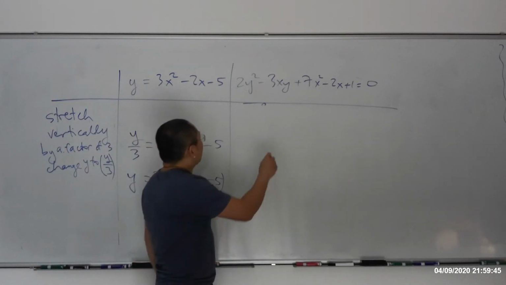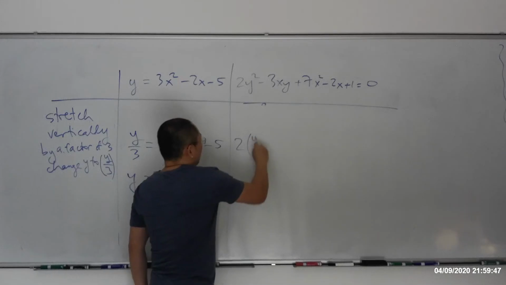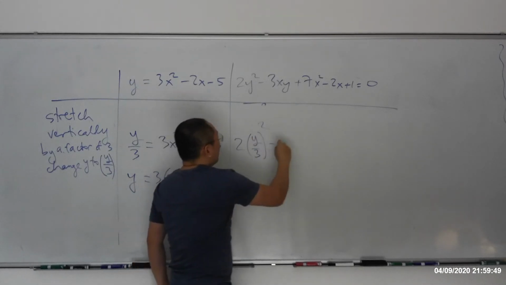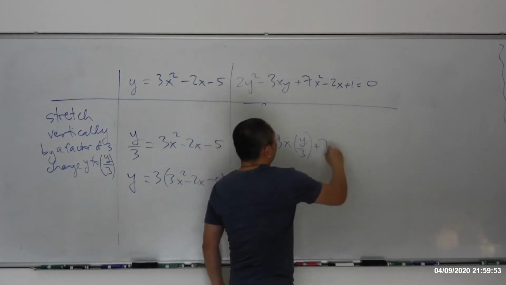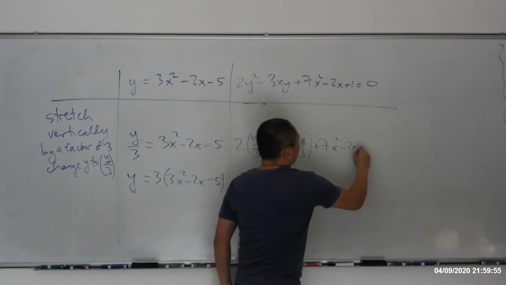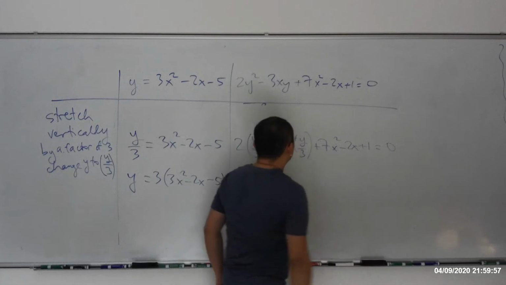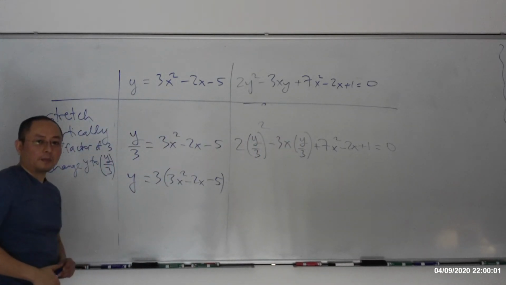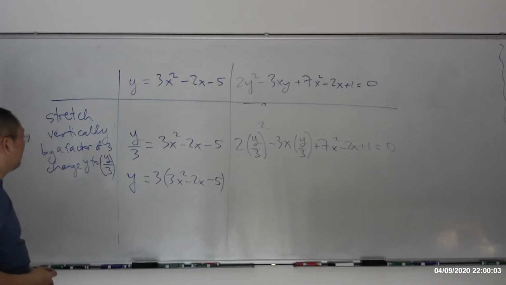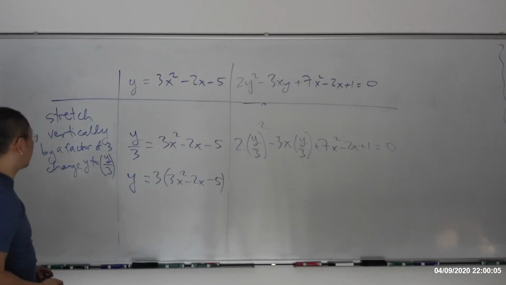Y becomes y over 3, so I got 2 times y over 3 squared minus 3 times x, y over 3 plus 7x squared minus 2x plus 1 equal to 0. Whenever I see a letter y, I change to y over 3. And I got a new graph that is stretched out by a factor of 3 vertically.